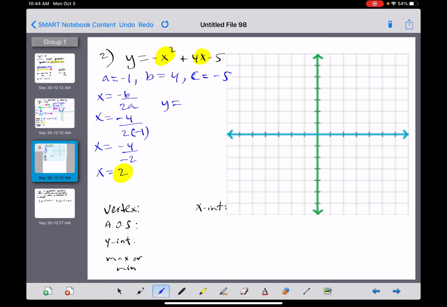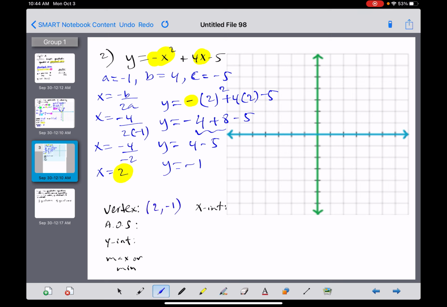So y equals negative 2 squared plus 4 times 2 minus 5. This negative right here is very important, don't forget, it's from here. Negative 2 squared is 4, so it's negative 4, not positive 4. Plus 8 minus 5. So positive 4 minus 5 is negative 1. My vertex is 2, comma negative 1.